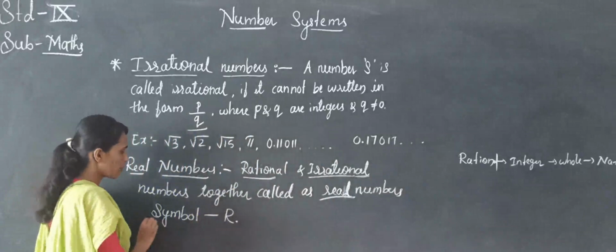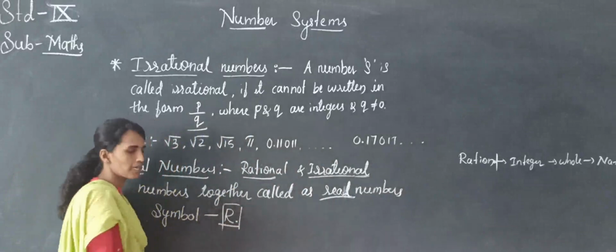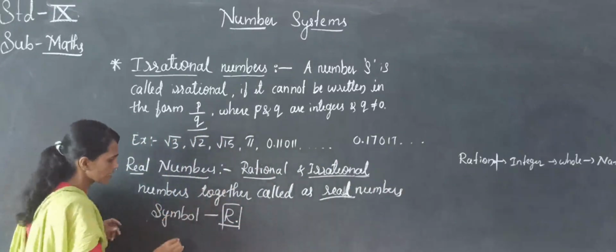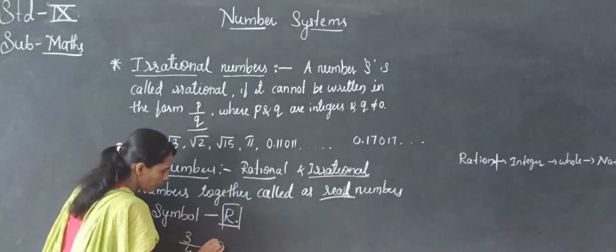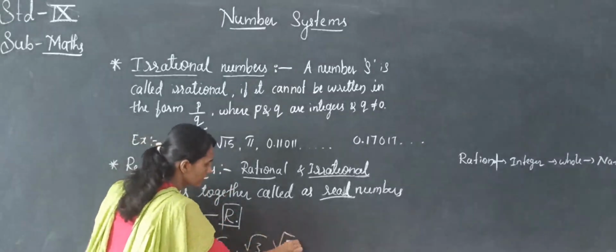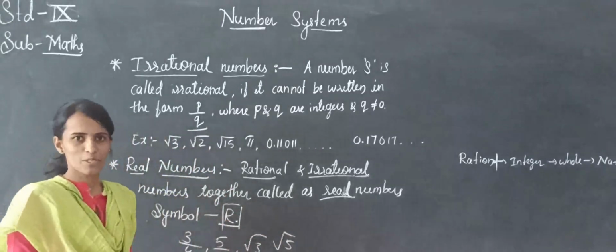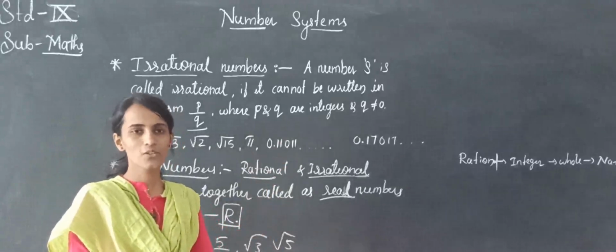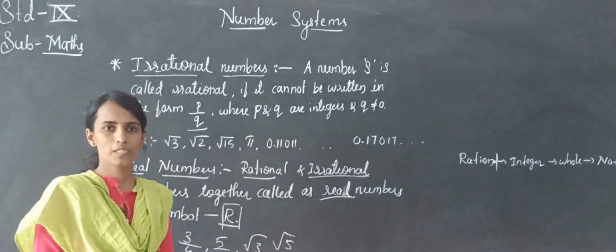The symbol for the real numbers is capital R. Examples, whatever you can write, it may be rational, like 3 by 4, 5 by 2, or root 3, root 5. All are real numbers only, which may be rational or irrational. So that we call the real numbers.